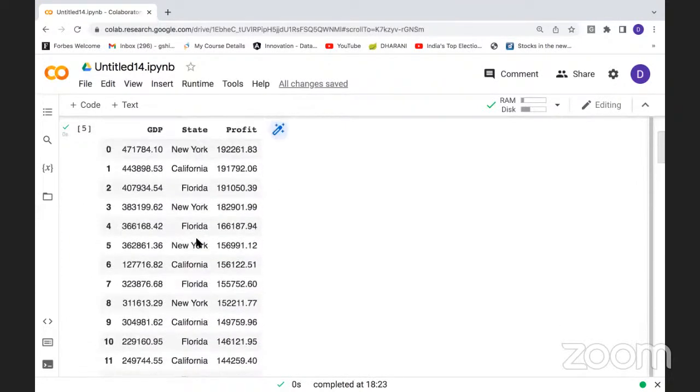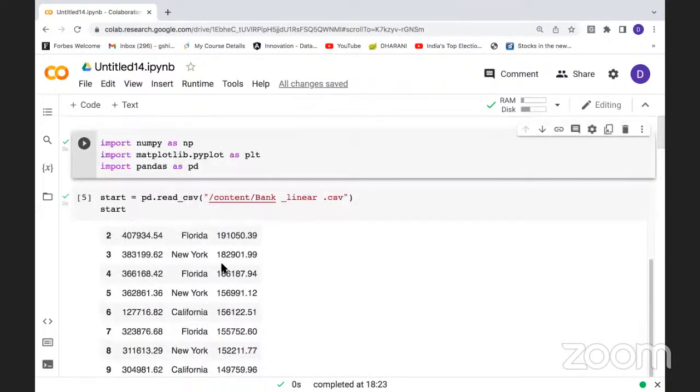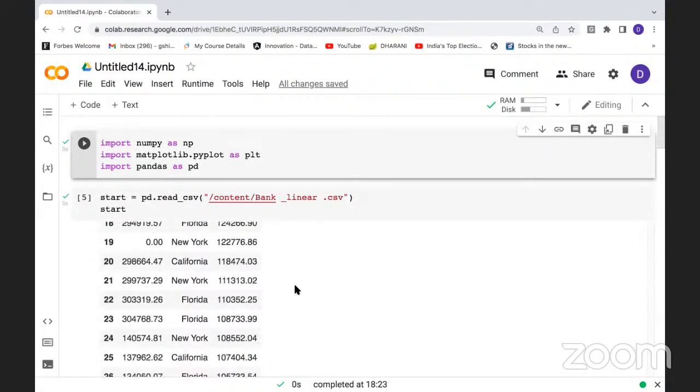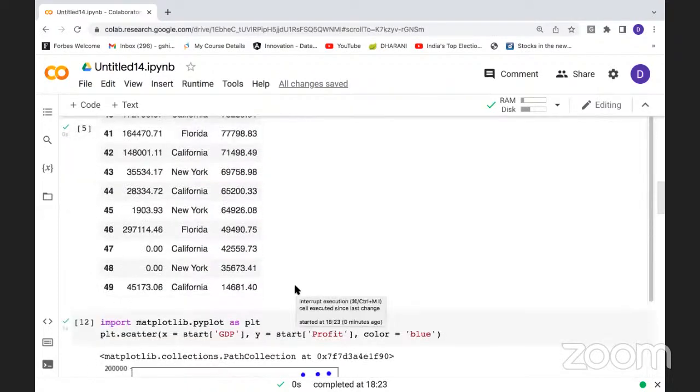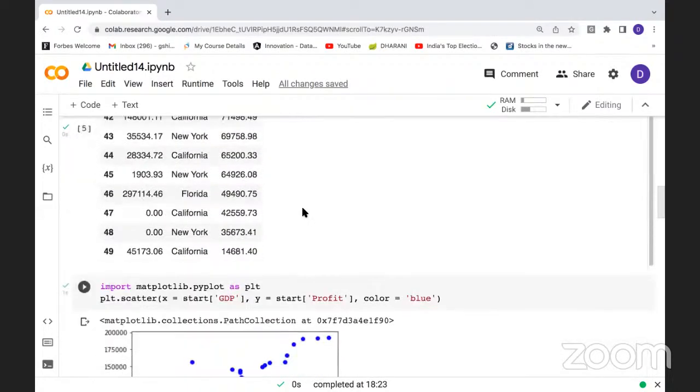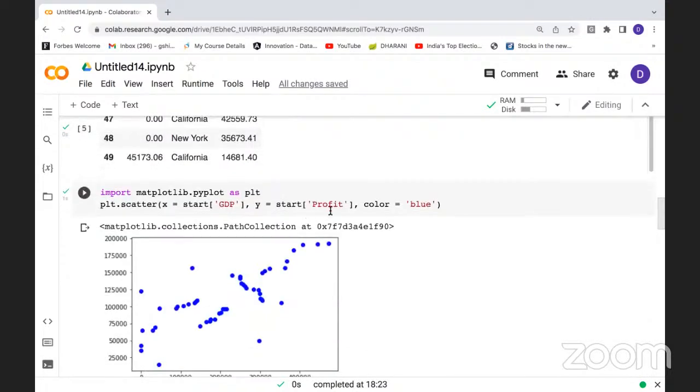This concept of regression. The first and foremost thing you do is, this is my data. I have to check whether GDP is really important for my prediction of profit. It might be important, it might not be important. I am clueless, but I have to do that.